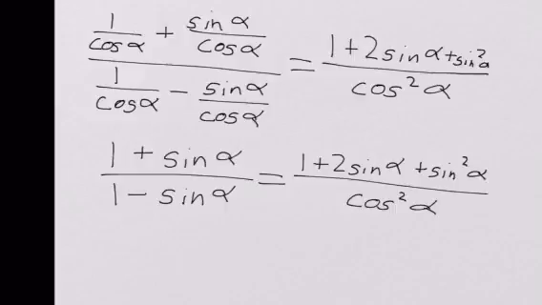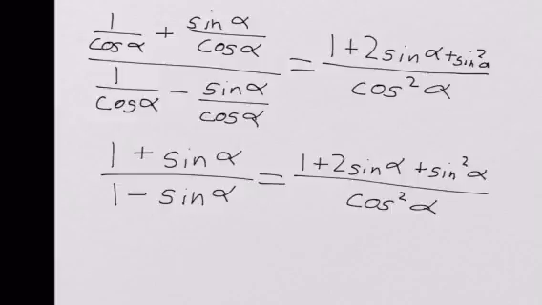Well, now I have absolutely no idea what to do with that left-hand side. Actually, I do, but I want to go ahead and transform the right-hand side to make my life a little bit easier.